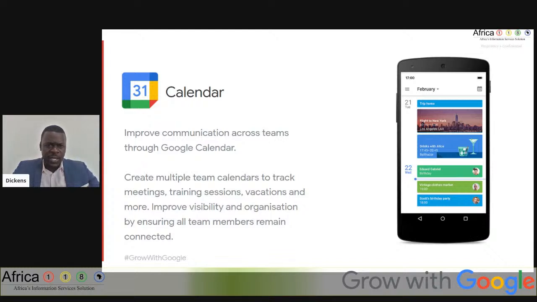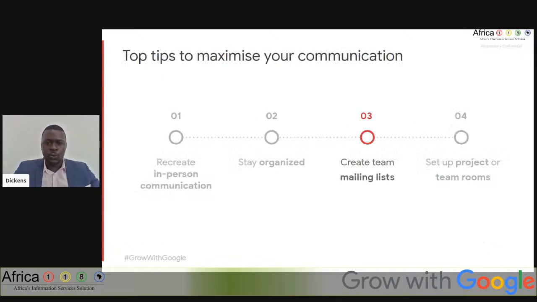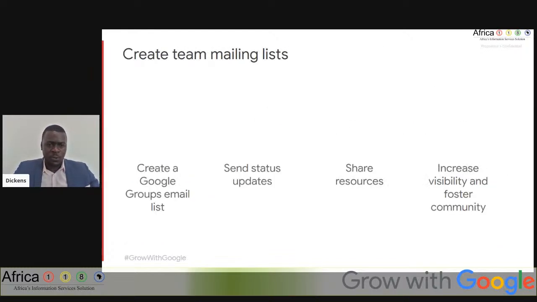Just try setting up a meeting, right? And you'll see that this particular feature will help remind you before that particular meeting, and it is also able to store all the information about the meeting that you are intending to have.